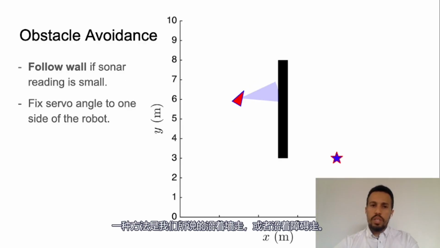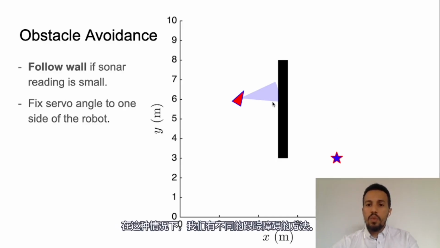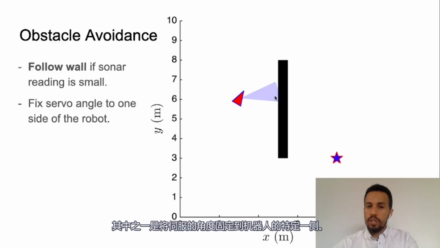One way to do so is what we call follow the wall or follow the obstacle. There are different strategies to follow the obstacle, and one of them is to fix the angle of the servo to a particular side of the robot.